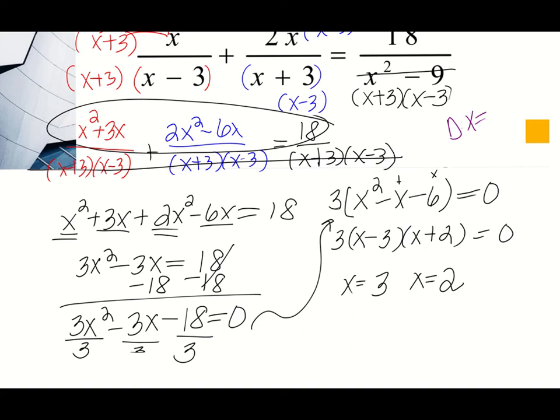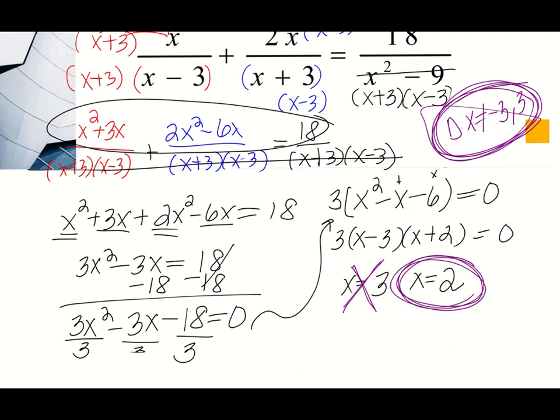They're all the same, x plus 3, x minus 3, so x cannot be -3 or +3. That's my domain restriction. So if x can't be 3 or -3, well, 3 is an extraneous solution because x can't be 3. So that means -2 is my only solution.